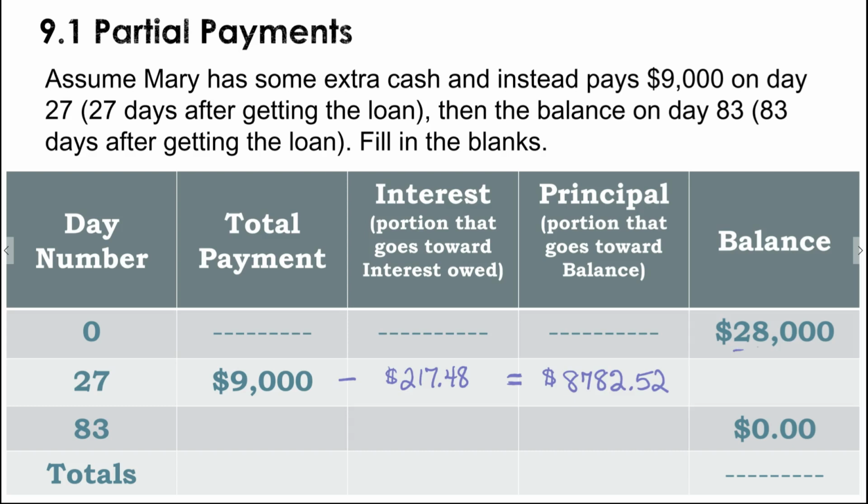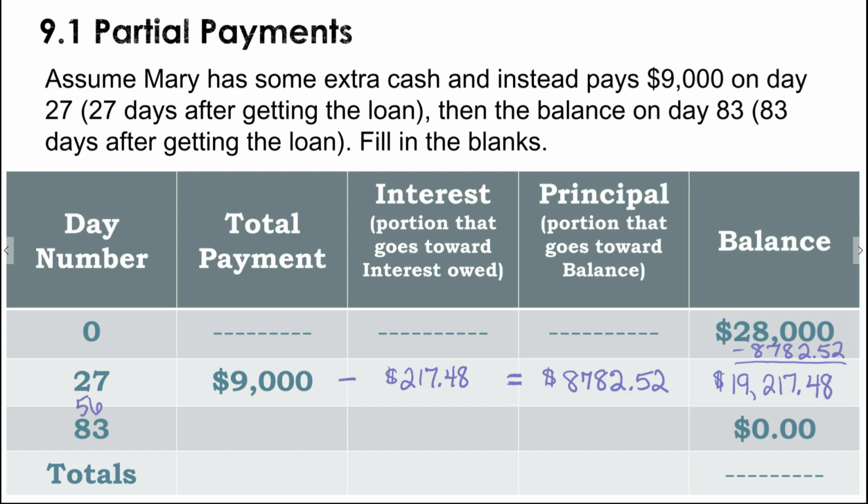I'm just going to write that up there. 8,782.52. And then we will owe now $19,217.48. So the difference in these days is 56.